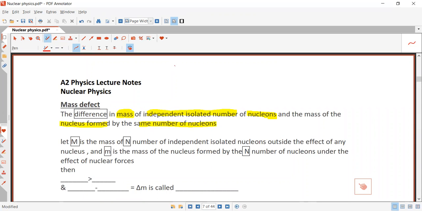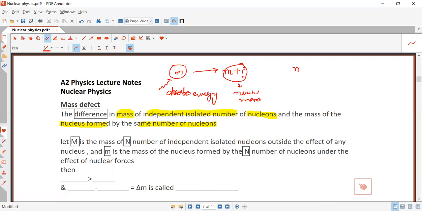Einstein said that if there is a mass and it absorbs energy, then the mass is going to increase, m plus something. So this is going to be the newer mass after absorbing energy, right?